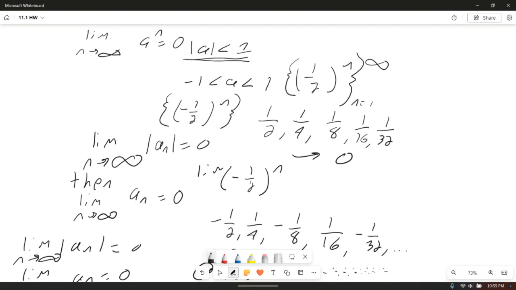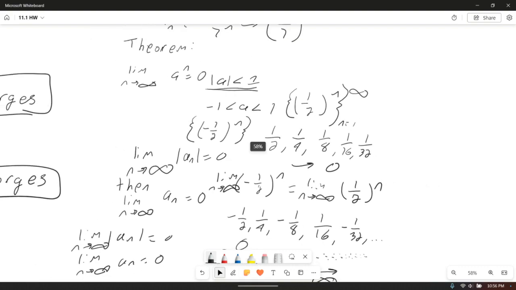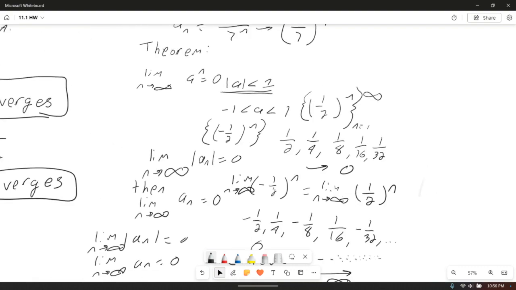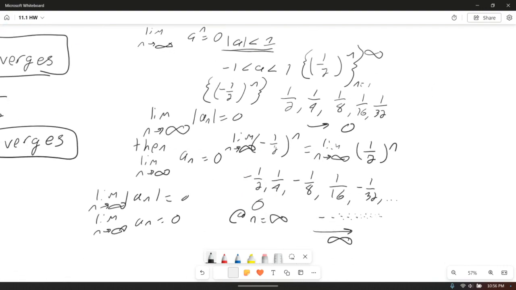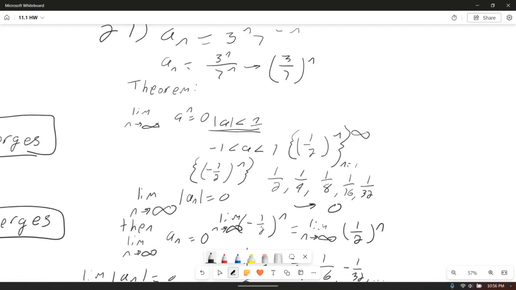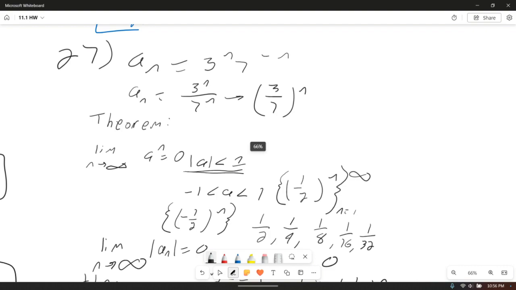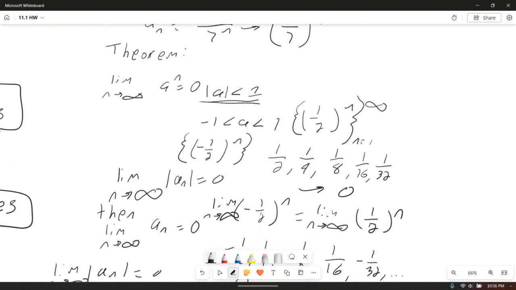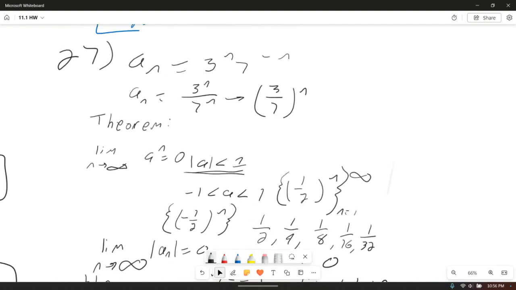The limit as n approaches infinity of (-1/2)^n still equals the limit as n approaches infinity of (1/2)^n. So it's a pretty neat theorem. Lets us do some stuff that we otherwise couldn't. Not useful for this case, but will be useful later.